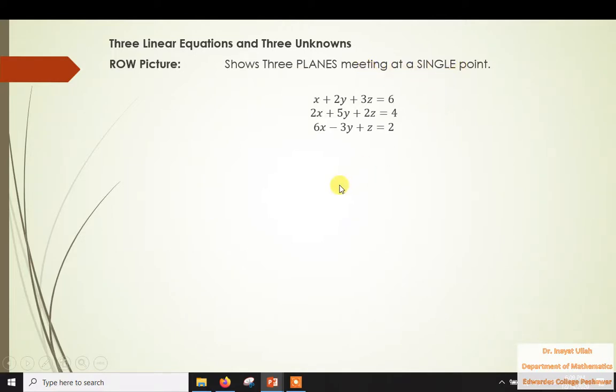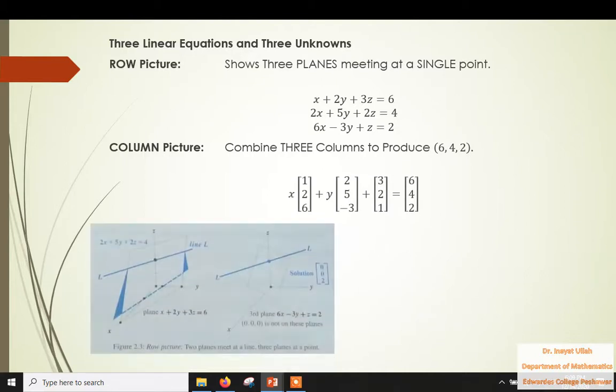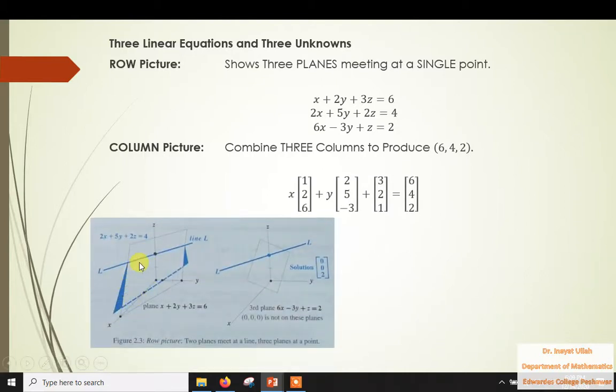If you take 2 pages and you insert one page into the second page, just like that, first page, second page, they will meet at a single line.